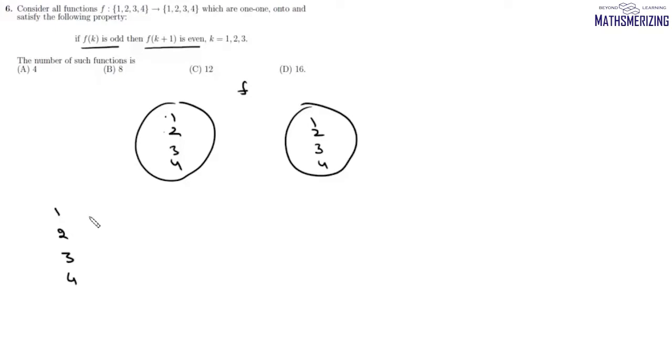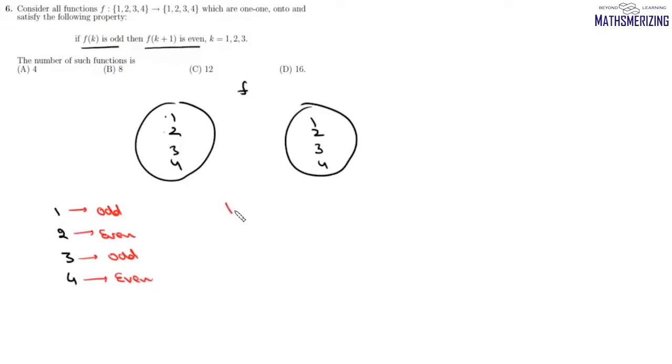Now one possibility is when this 1 is odd. If 1 is odd, then this 2 must be even. Now this 3 can be odd, then this 4th will be simply even. So this is one possibility.